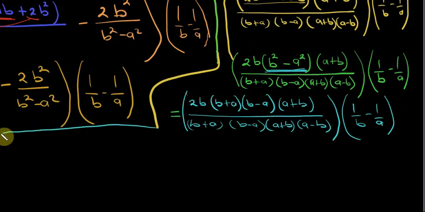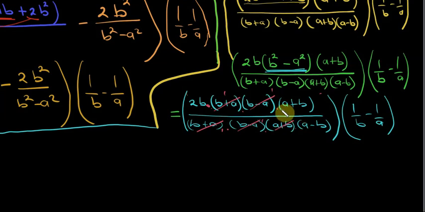Since it's multiplication everywhere, the numerator is a single term and the denominator is a single term. Therefore, we can cancel out like terms. b plus a and b plus a cancel out, b minus a and b minus a cancel out, but cancelling out simply means it's 1.